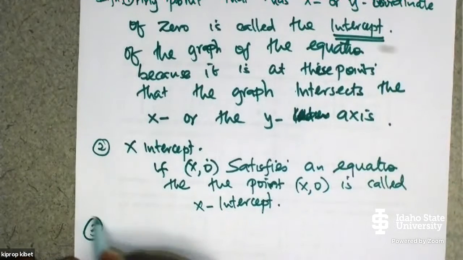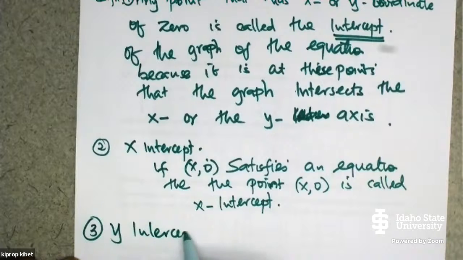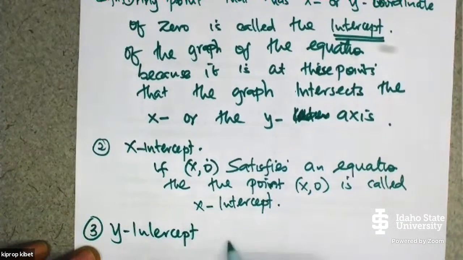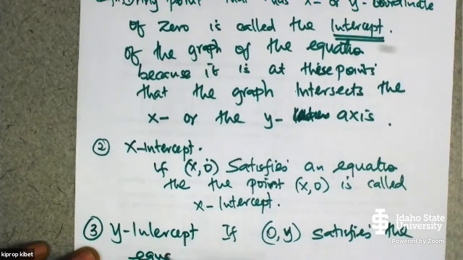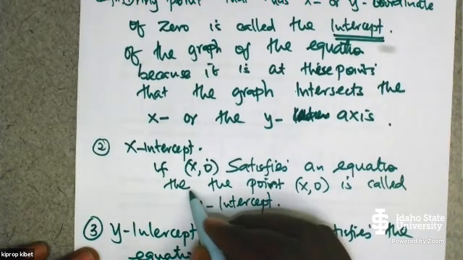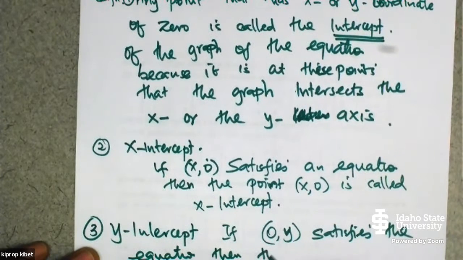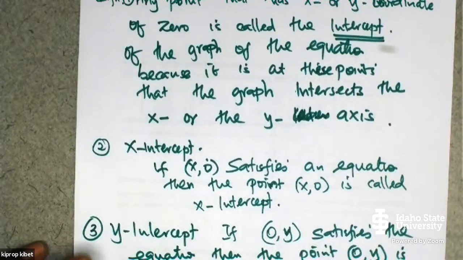Number 3, y-intercept. If 0y satisfies the equation, then the point 0y is called the y-intercept.